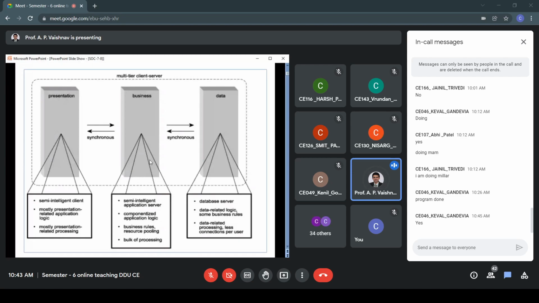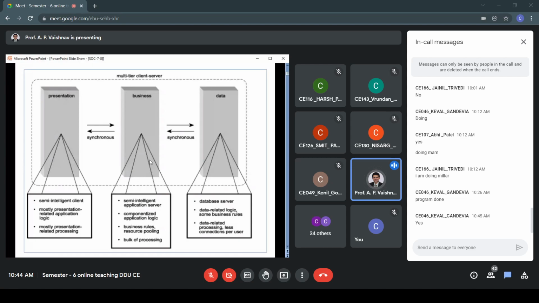But for executing the business logic or for executing the database logic, it is dependent again. Fine. So as far as logic is concerned, we use mostly presentation related logic on the client side, and again presentation related processing is carried out on the client side. Fine.